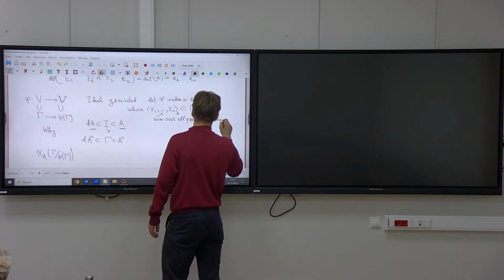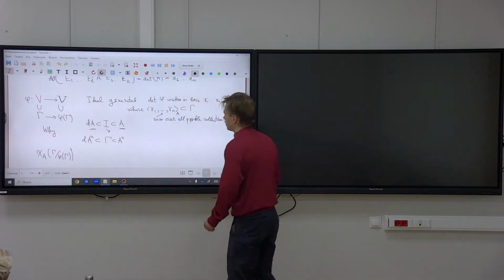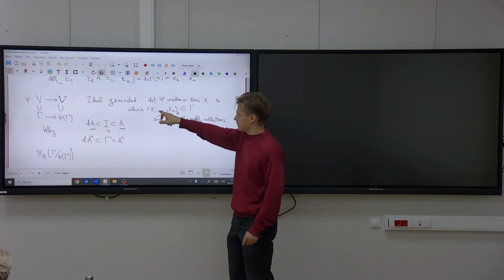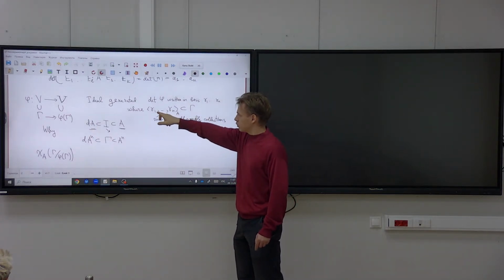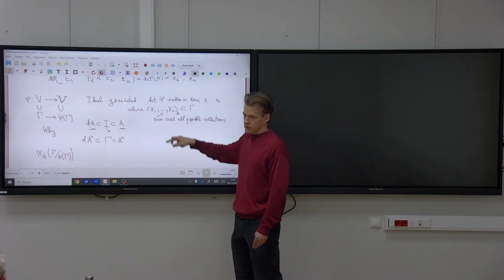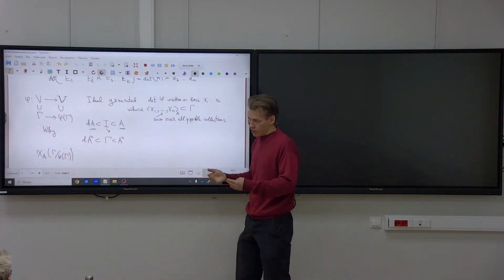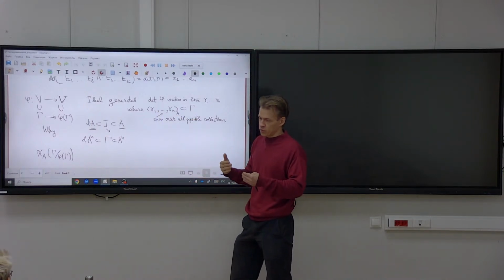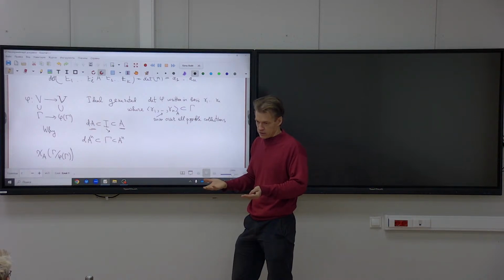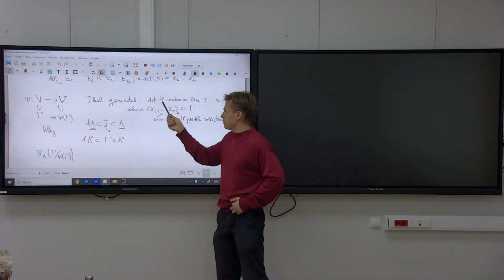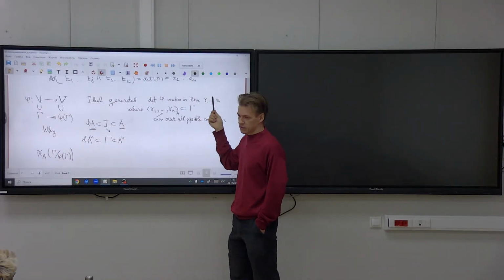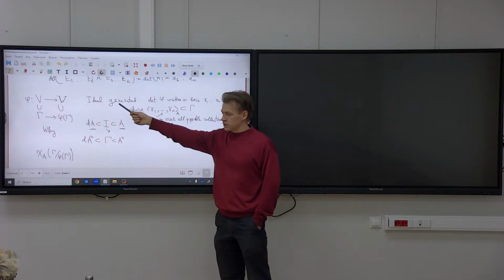Notice that I could have said we take all possible linearly independent collections. That doesn't make a change, because if you have a linearly dependent collection, your ideal is just 0.